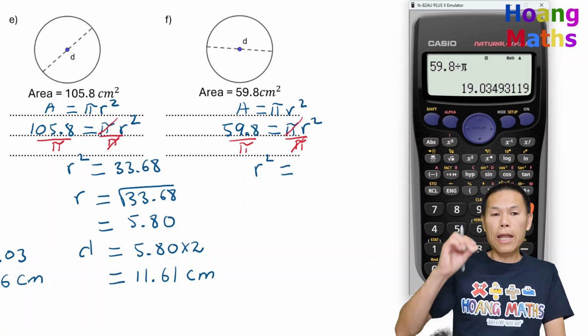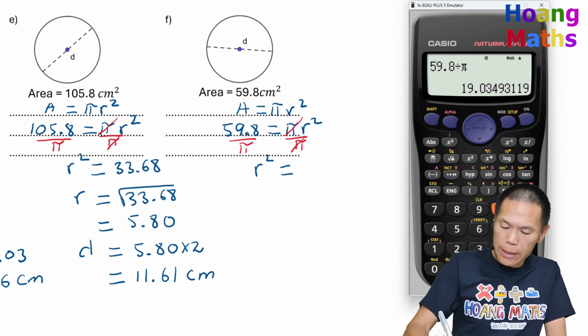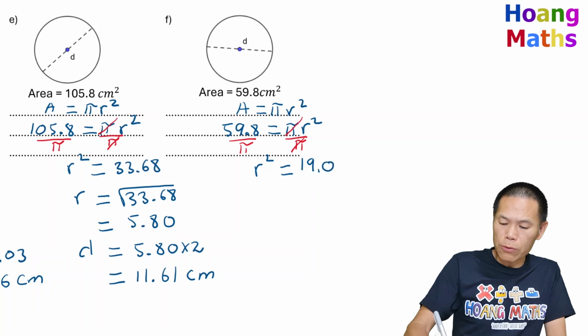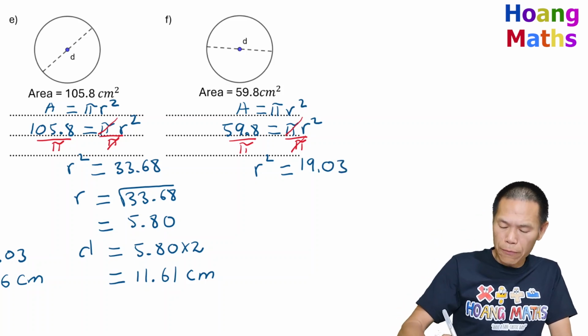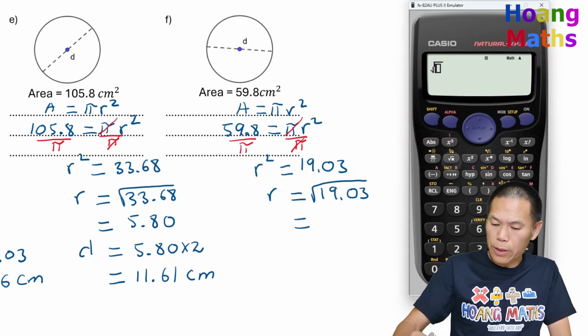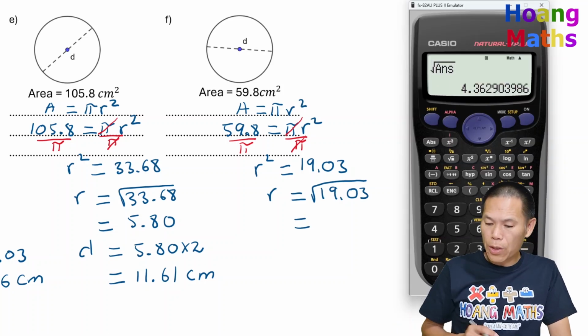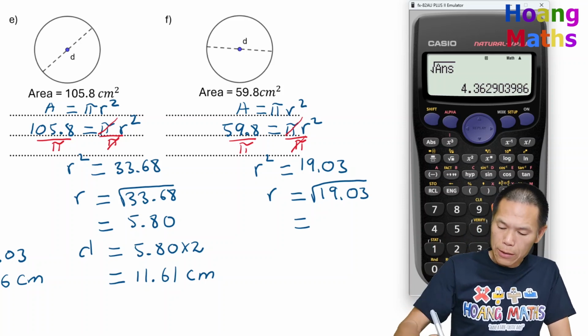There you go. Let me just write 19.03 for now. So 19.03, and the radius is the square root of 19.03. R is 19.03 square root. That is square root, the answer. So 4.36.